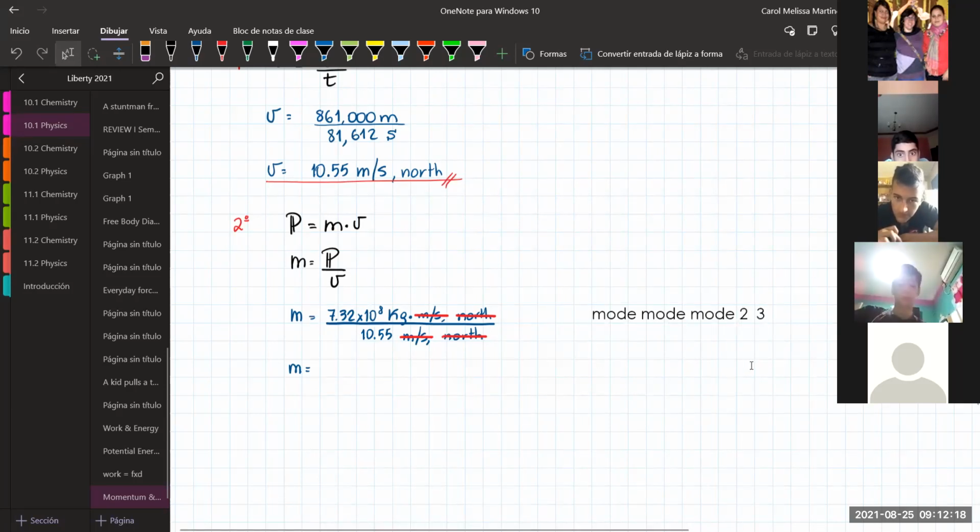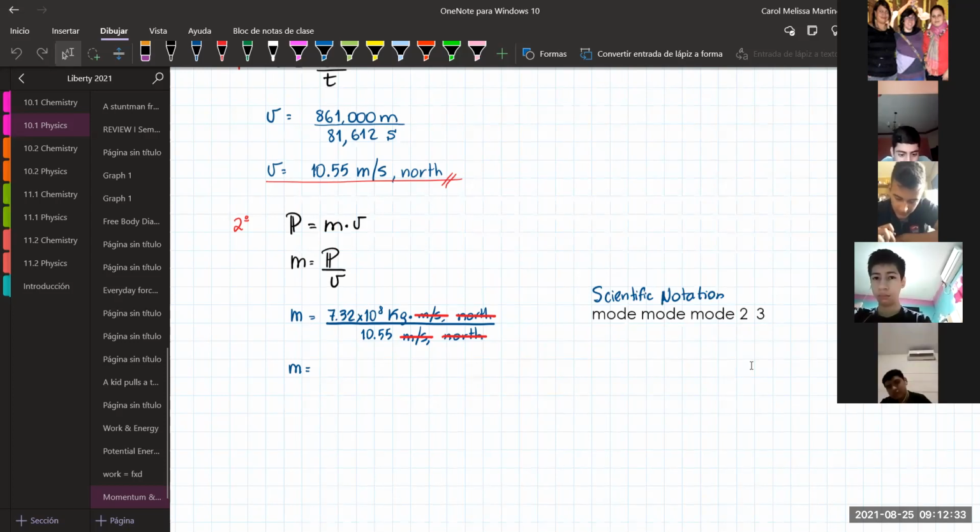This will give you the answer in scientific notation. So how much is the mass?